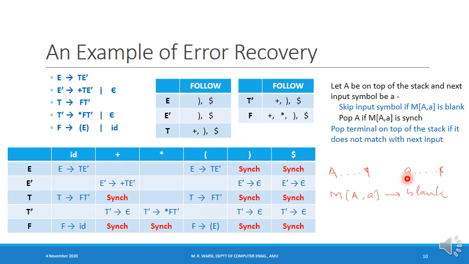On the other hand, if a is a synchronizing token, then capital A will be popped from the stack. Now the second condition which denotes error in predictive parsing is that the terminal on top of the stack is not matching with the next input symbol. In this case, I will simply pop the terminal from the stack. So this is my error recovery strategy that I will use in the parsing.